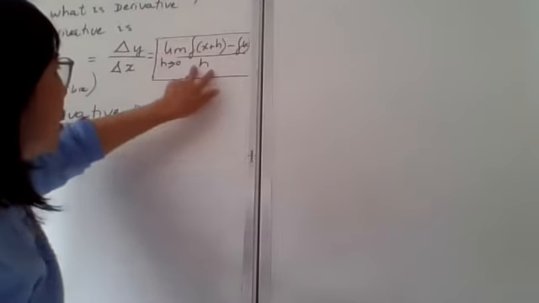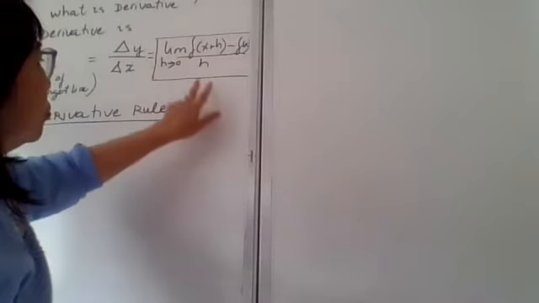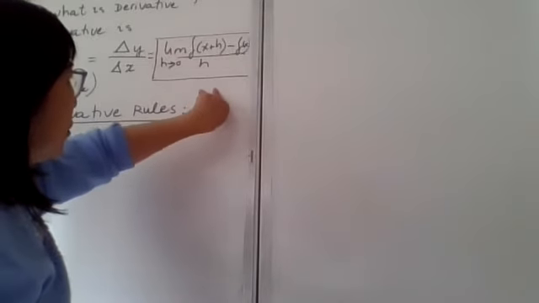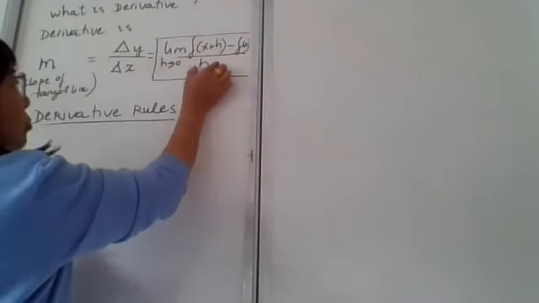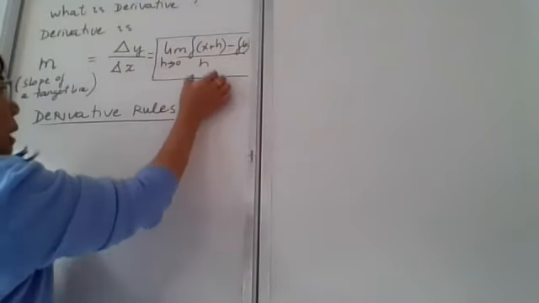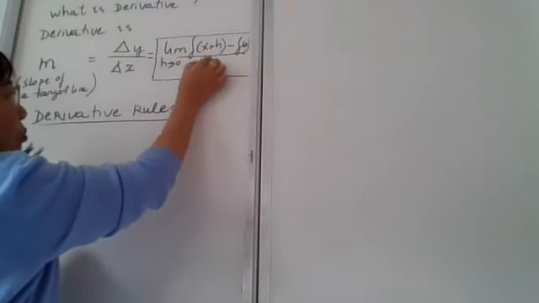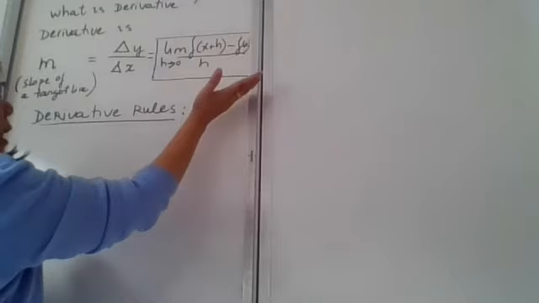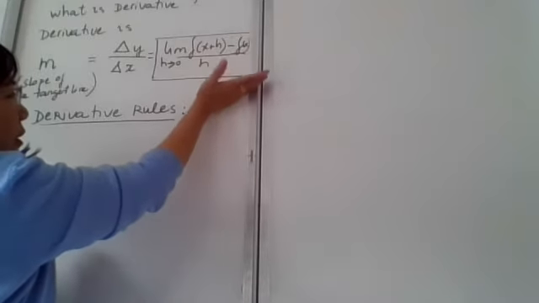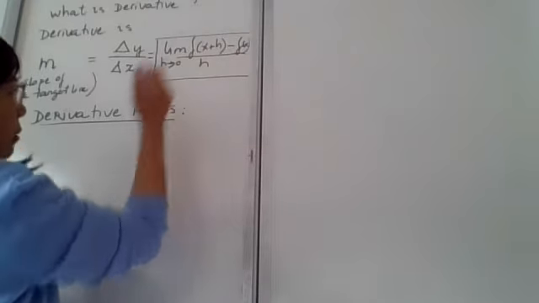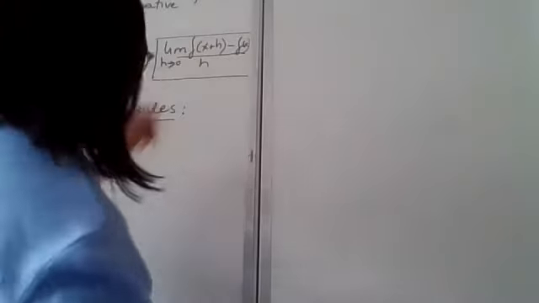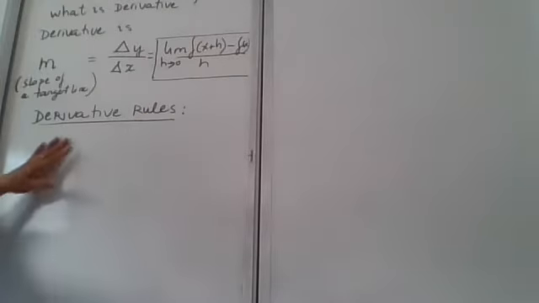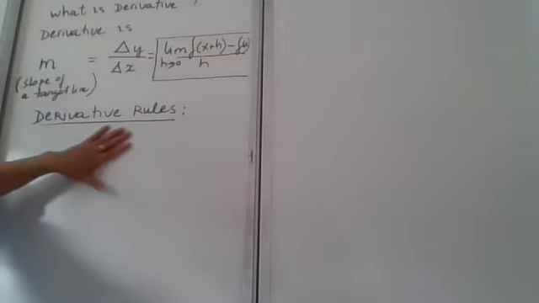And for the h down here, we want to make the secant line become a tangent line. This h, the distance x2 minus x1, has to go to 0 so that the secant line becomes a tangent line, and we come up with this value. Actually, it's not we, it's mathematicians, right? Anyway, let's get right into the derivative rules.